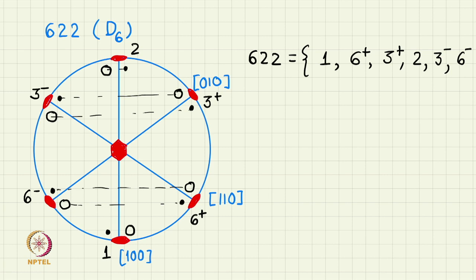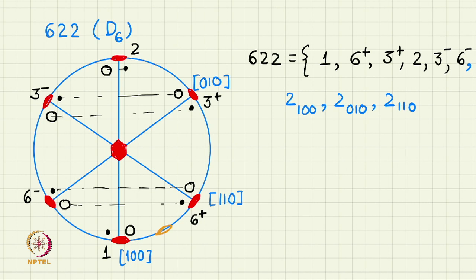So we add these new operations to our list. That is 2 100, 2 010 and 2 110. Up to this was expected, but again you have developed unexpected twofolds between 100 and 110.